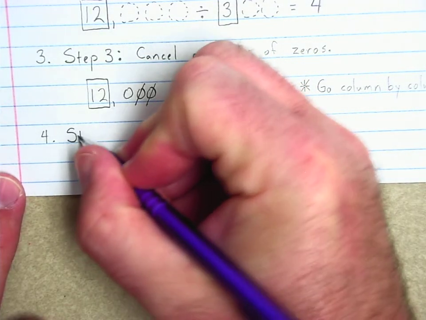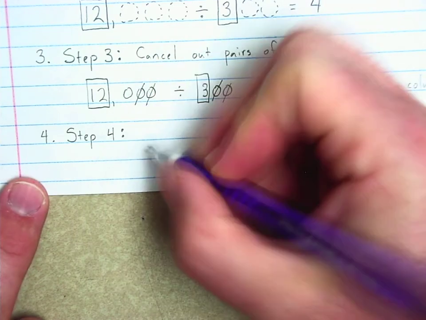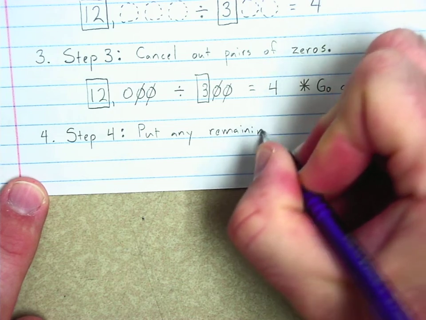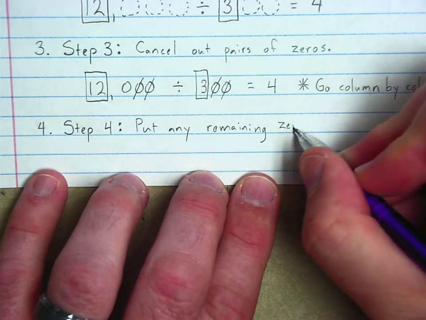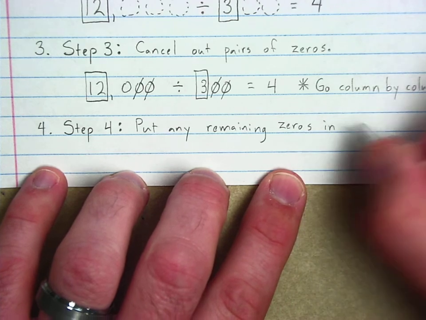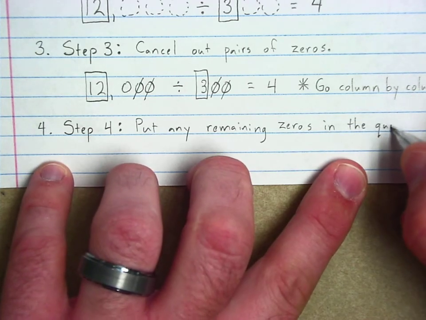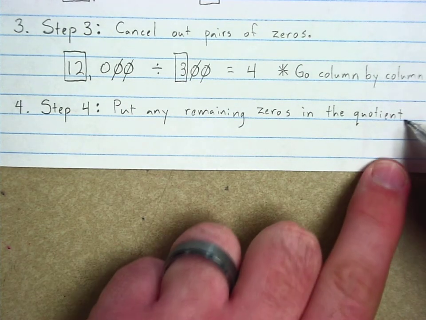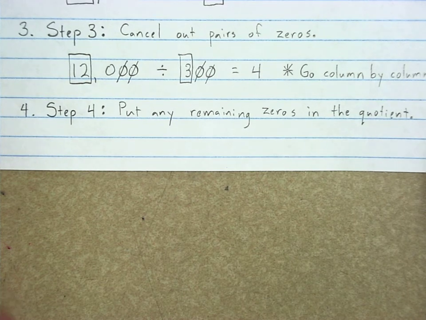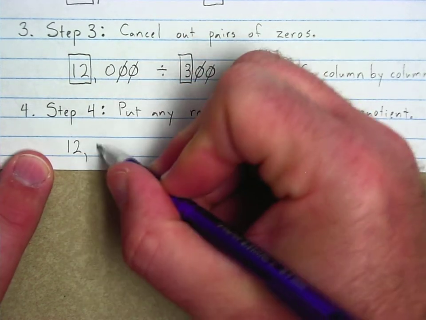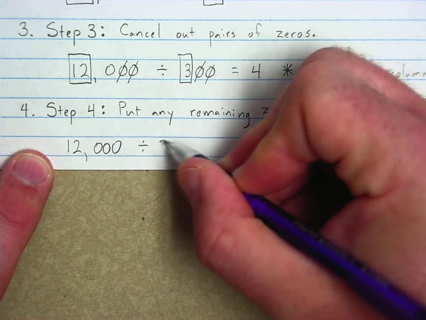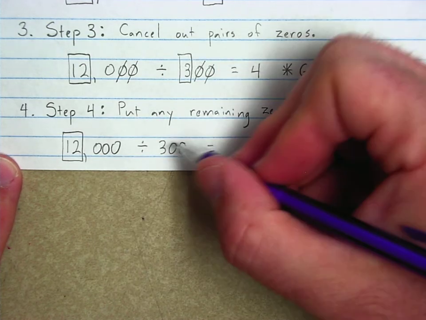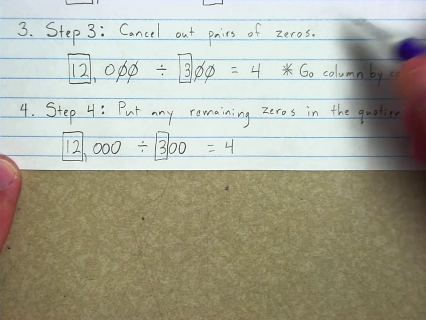For step 4, put any remaining zeros in the quotient. Now I canceled out every pair of zeros that I could make. So, on my very last line of the paper, we're almost there. 12,000 divided by 300. 12 divided by 3 was 4.